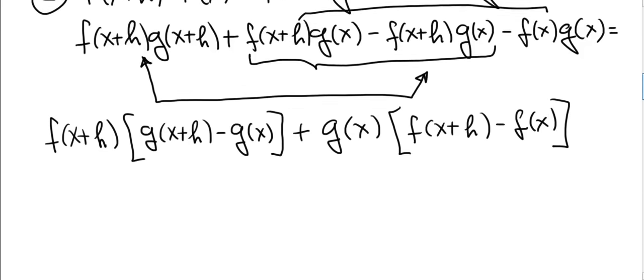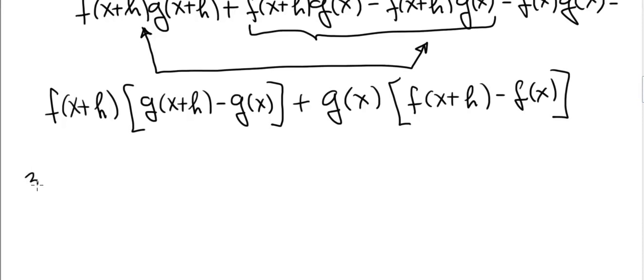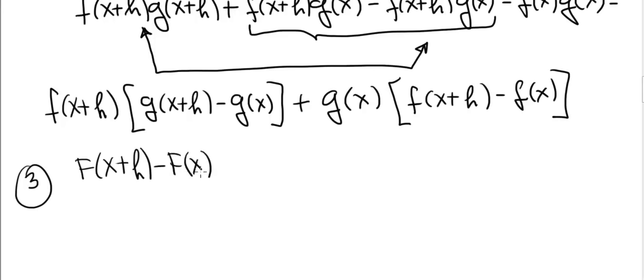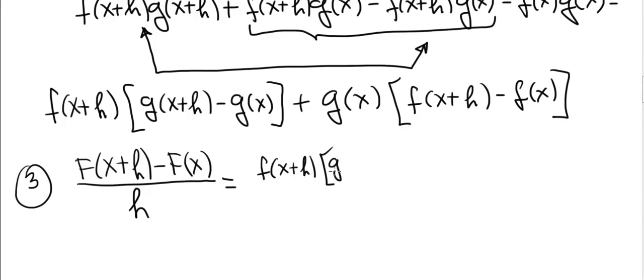In step 3, we're just going to take what we did in step 2 and divide that by h in preparation for taking the limit. So here's the end result of step 2. This is f of x plus h times the difference g of x plus h minus g of x.